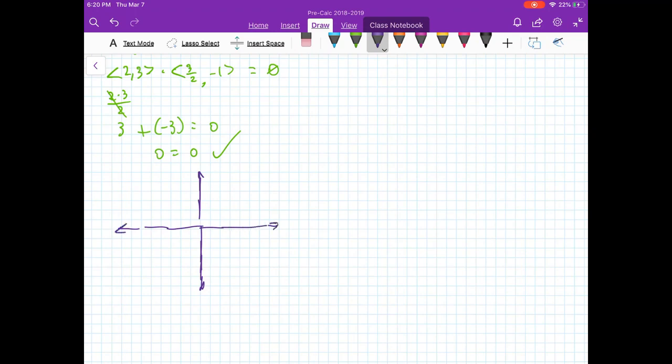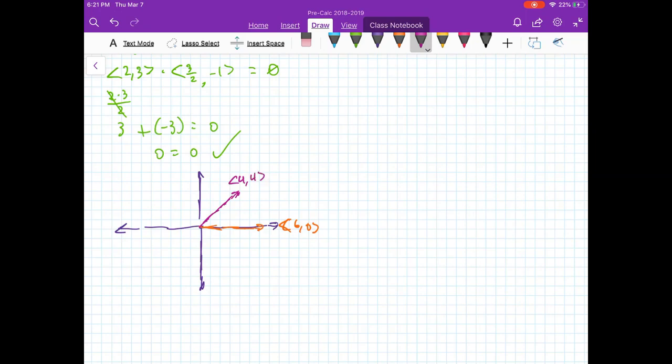Now let's say I had a vector, let's use orange, and it went all the way over here, roughly the vector 6, 0. And we had another, smaller vector that went up a bit, up here, about 4, 4.